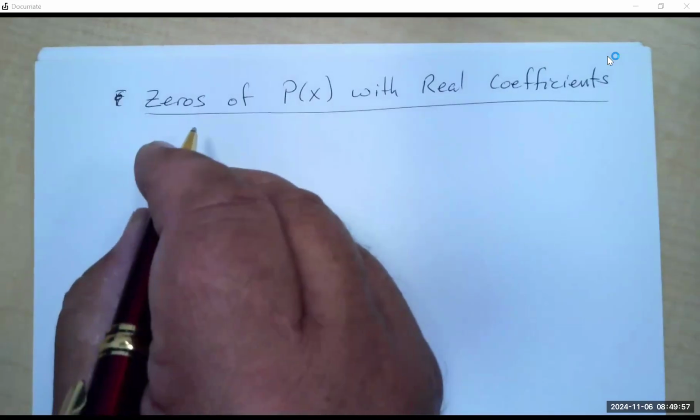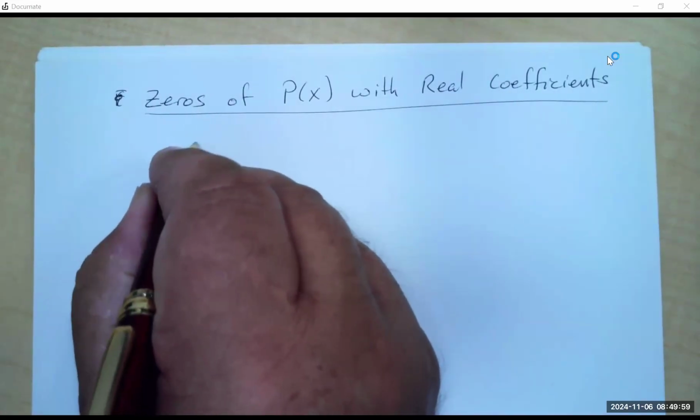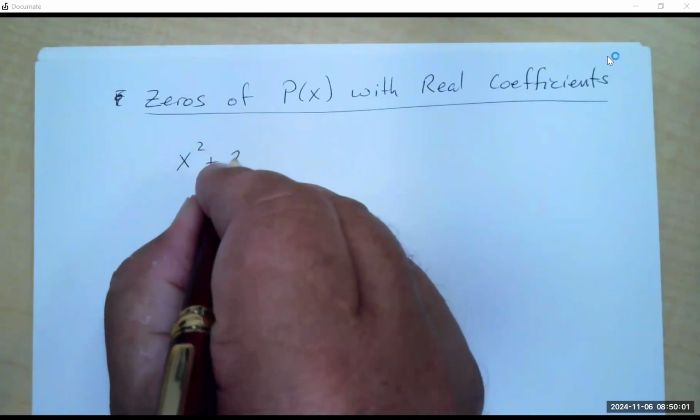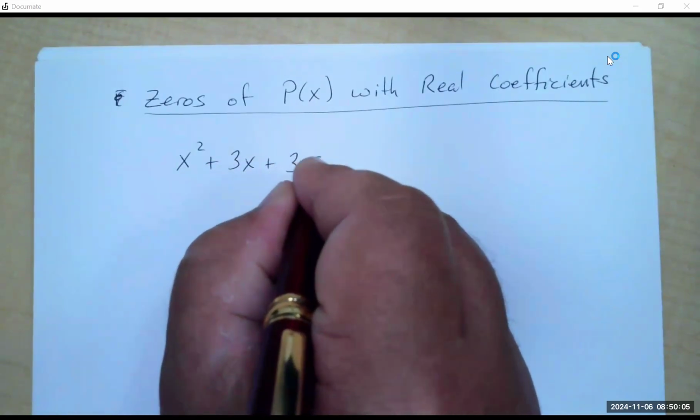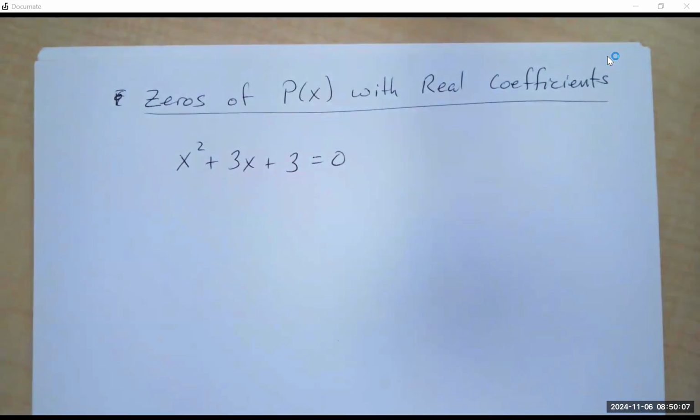And that's the stuff we've been doing all along. Like x squared plus 3x plus 3 equals 0. How do we find the zeros there?